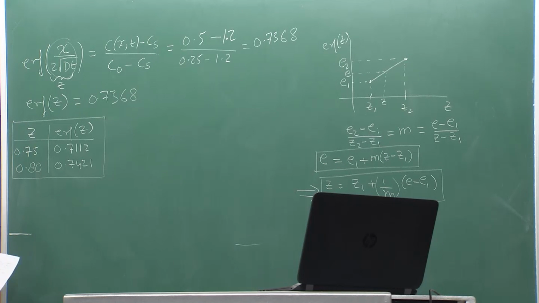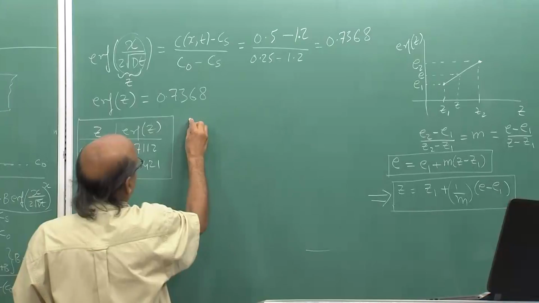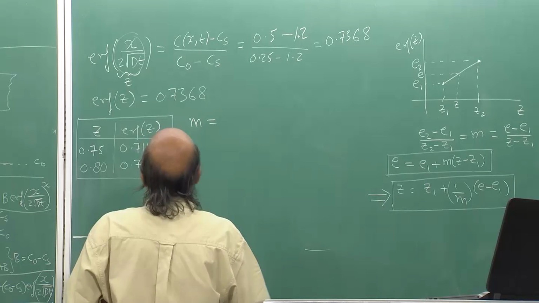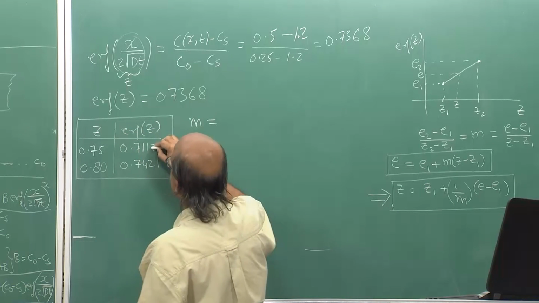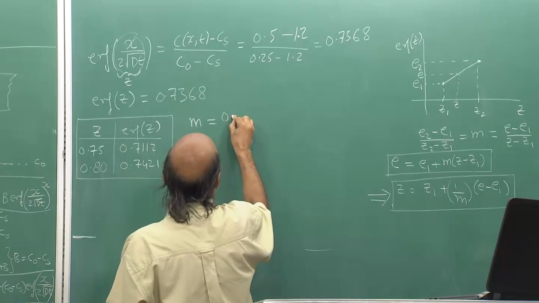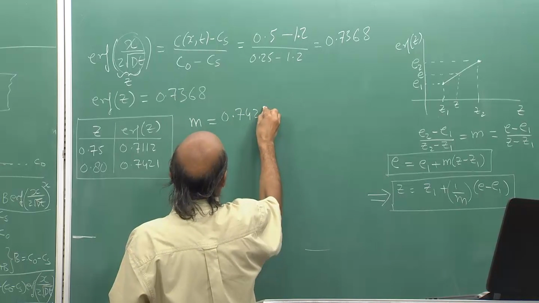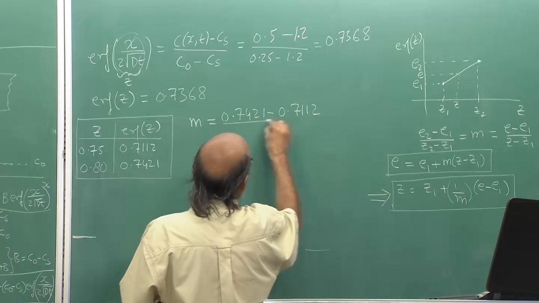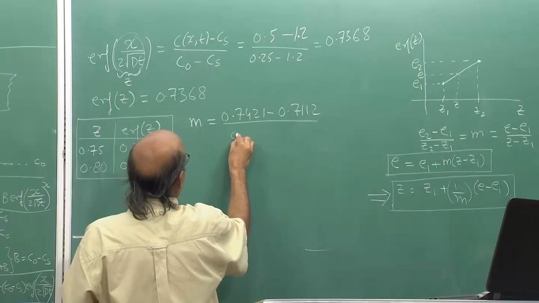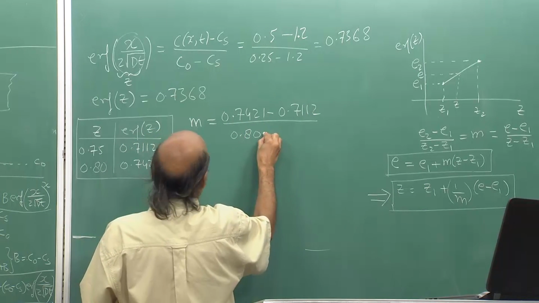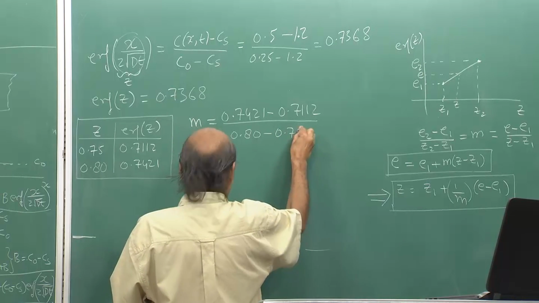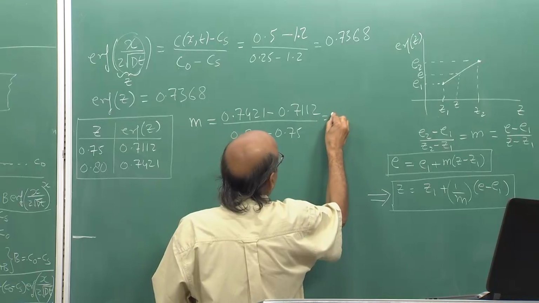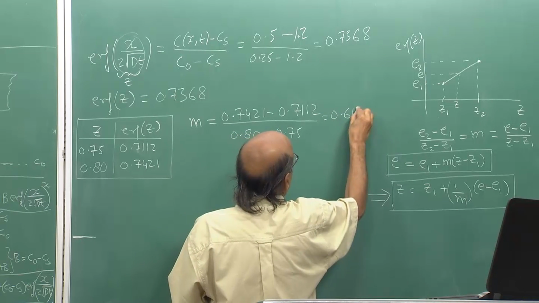First let me calculate the slope M, which is simply (E2 minus E1), so it is (0.7421 minus 0.7112) divided by (0.80 minus 0.75), and the slope turns out to be 0.618.